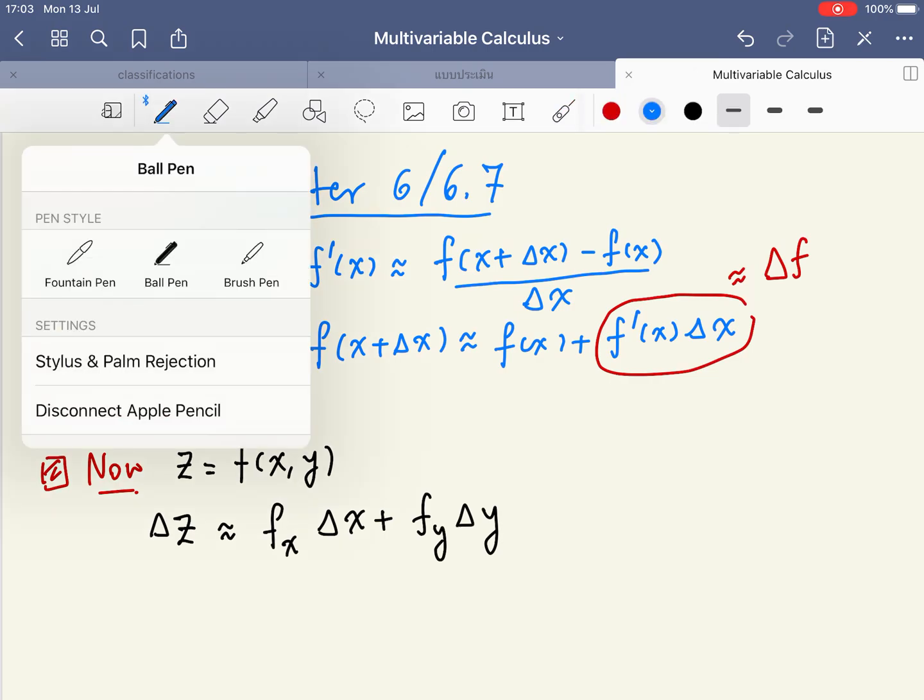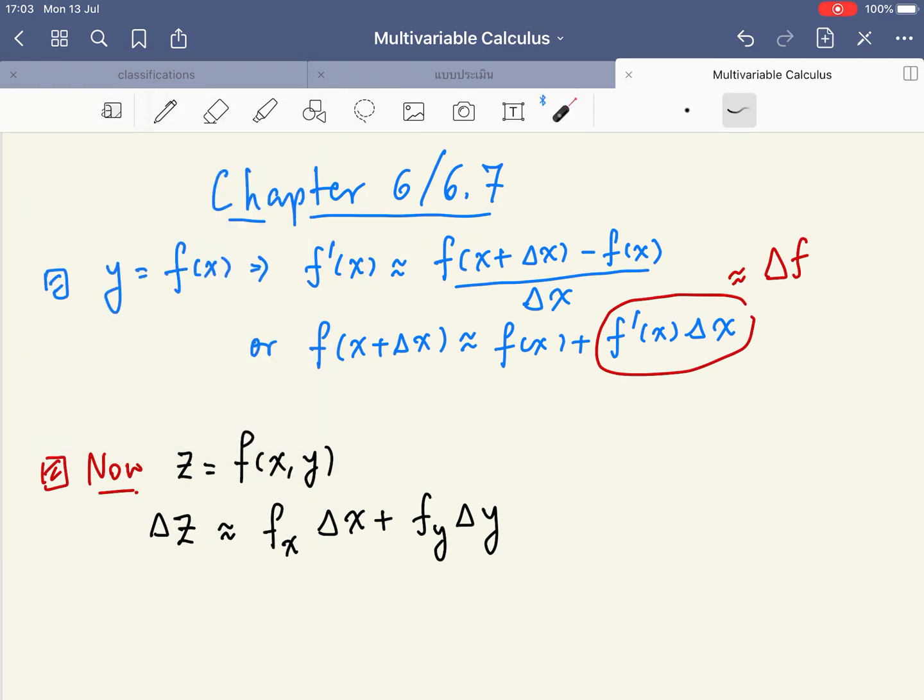Previously in single variable calculus, you learned that if you have y equals f of x, then you can approximate f prime x by the quotient f(x + Δx) minus f(x) over the difference in the input, which is Δx.